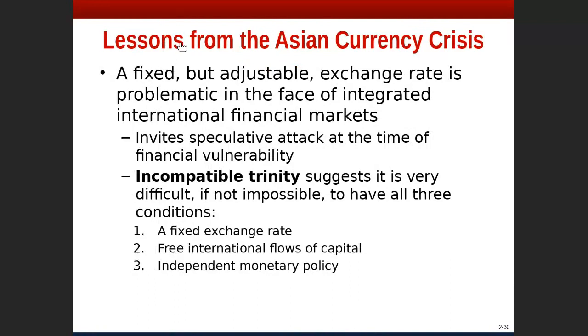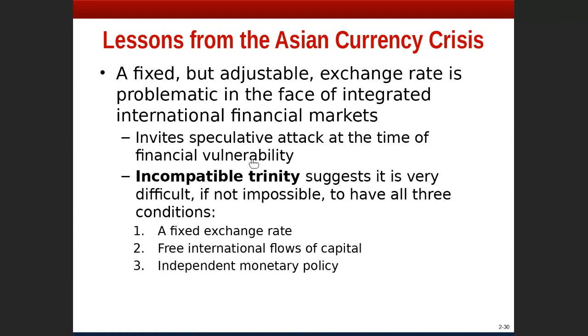What are the lessons learned from the Asian currency crisis? Well, a fixed but adjustable exchange rate is problematic in the face of integrated international financial markets, as this invites a speculative attack at the time of financial vulnerability.